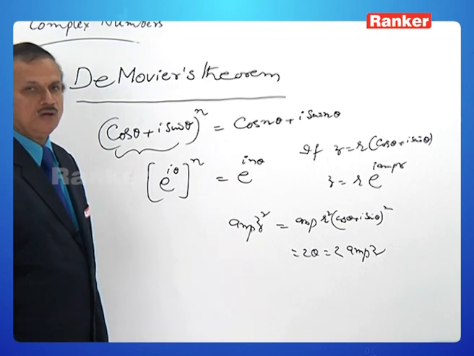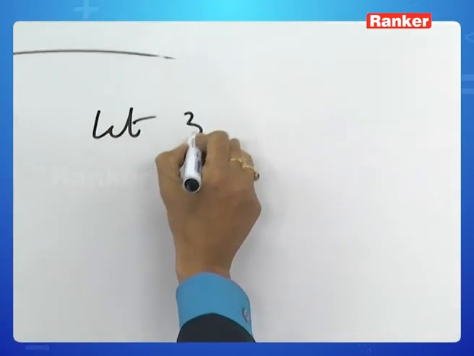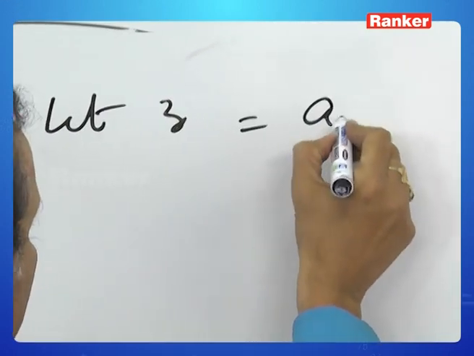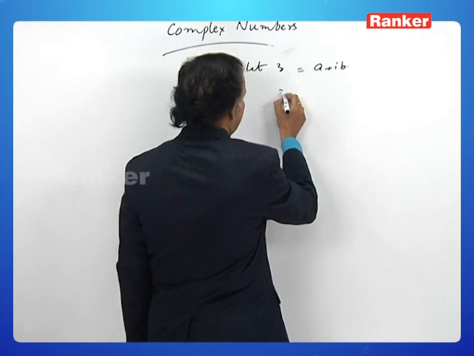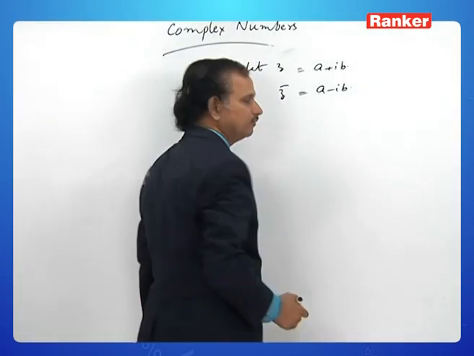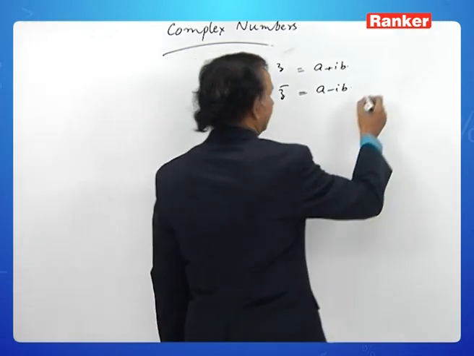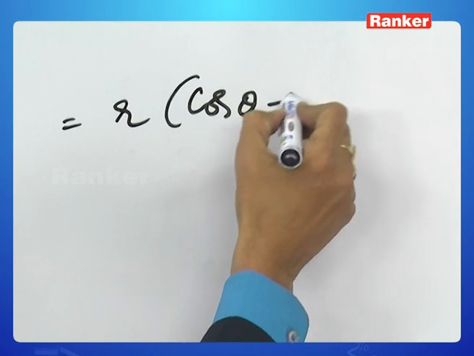Let us now look at those applications. Let z is equal to a plus ib. Then what is z bar? A minus ib. Automatically, z is equal to r into cos theta plus I sin theta.